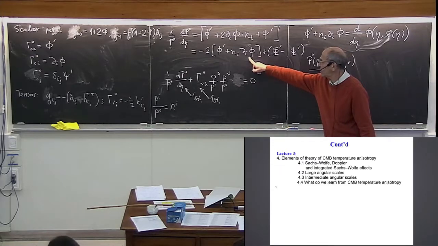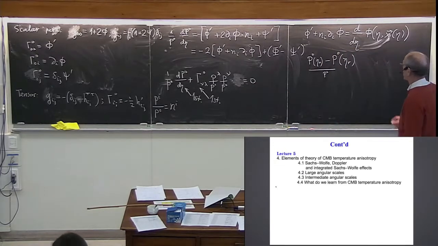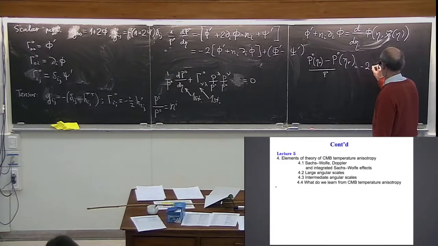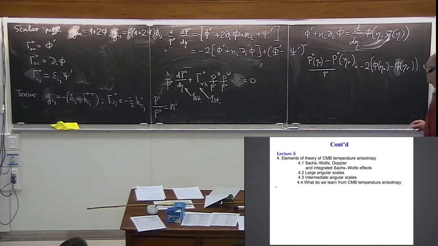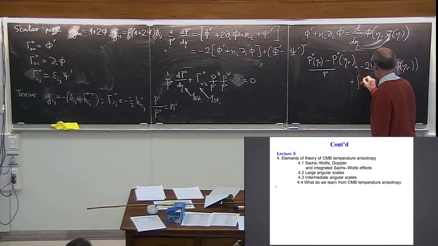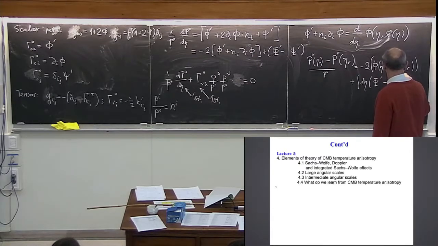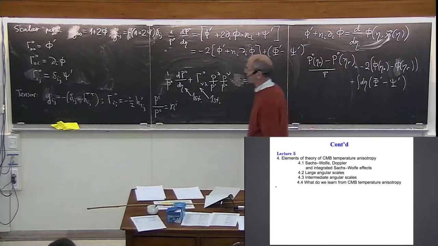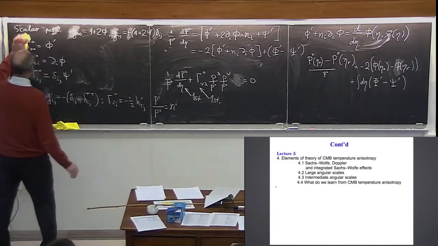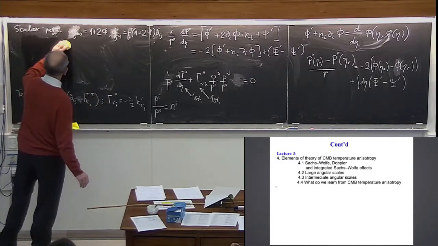And you integrate this thing here, since this is total derivative in time, this will give me minus 2 phi of eta naught minus eta, phi of eta r, and the integral term. And the integral term is this, plus integral d eta phi prime minus psi prime. Okay? So that's how photon energy evolves, changes from emission to today. Okay?